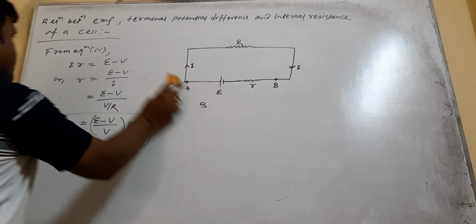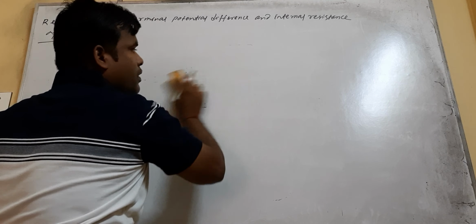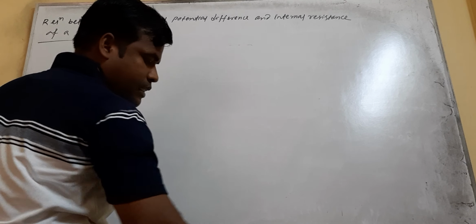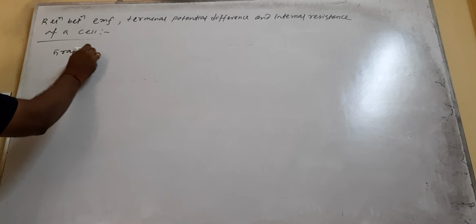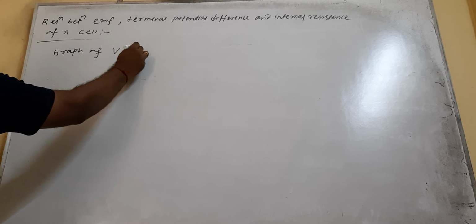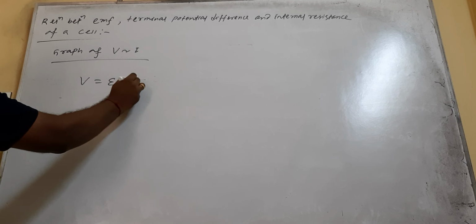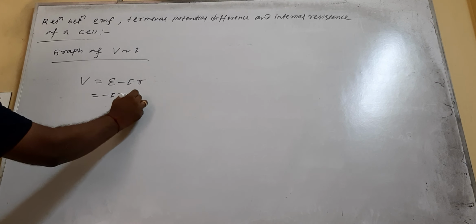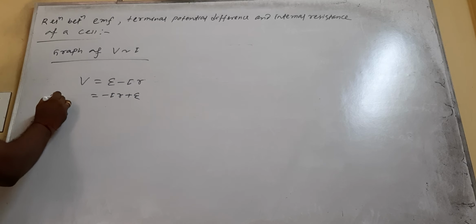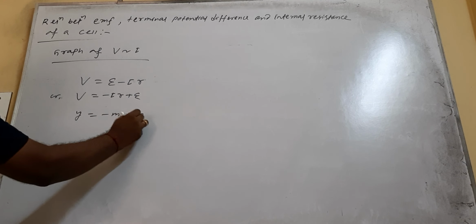So now, the graph between the terminal potential difference of a cell and the current flowing through it. Graph of V versus I. We know V = E - Ir, which you can write as V = -Ir + E. You relate this expression to y = -mx + c.